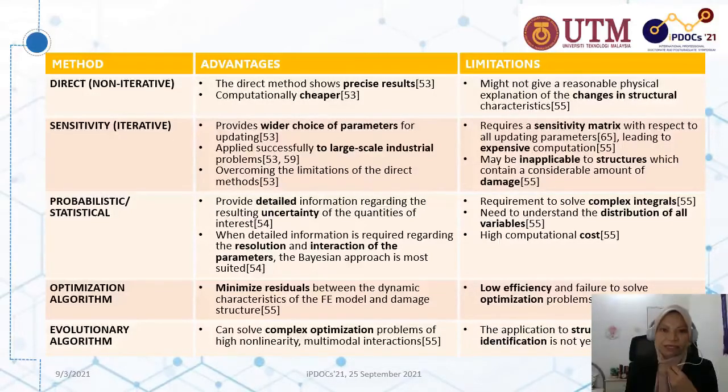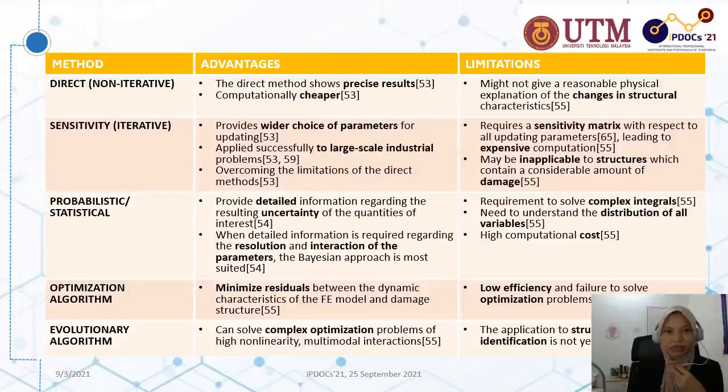Sipan et al. emphasized that probabilistic or statistical method provides detailed information about the uncertainty of the quantities of interest. However, this method is computationally demanding and challenging because one needs to understand the distribution of all variables. Optimization algorithm minimize residual between the dynamic characteristic of the finite element model and the actual structure.